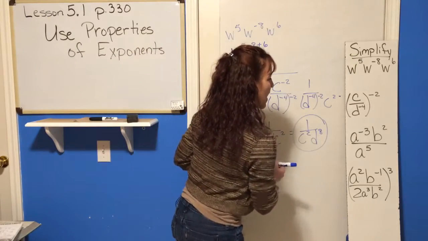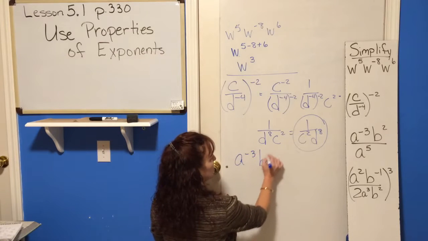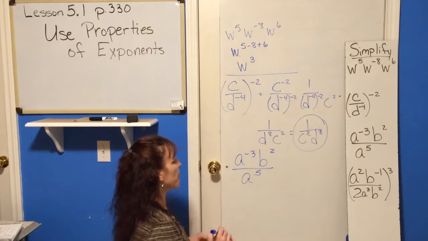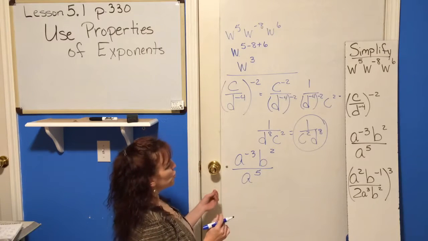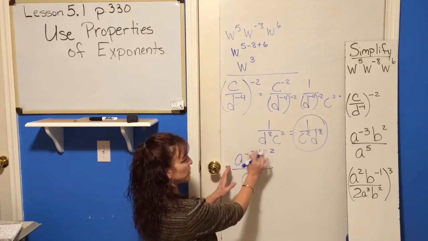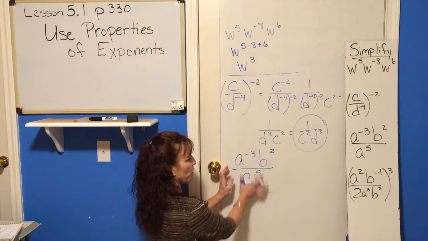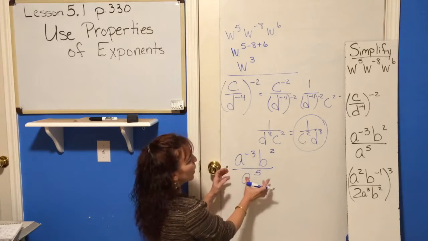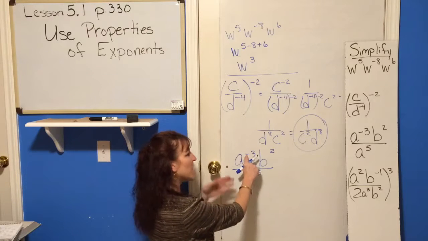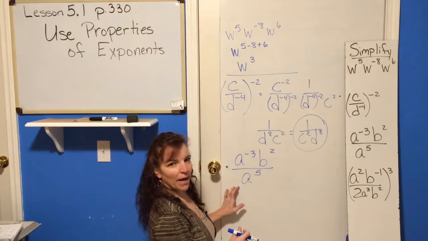Next one, a to the negative third b squared over a to the 5th. All right, so what you can do here is you can either move this a up and subtract them, because if you're one on top of the other, you're going to subtract them. What I would actually do, because this is a negative 3 on top, I would move that a to the negative third down and combine them that way.